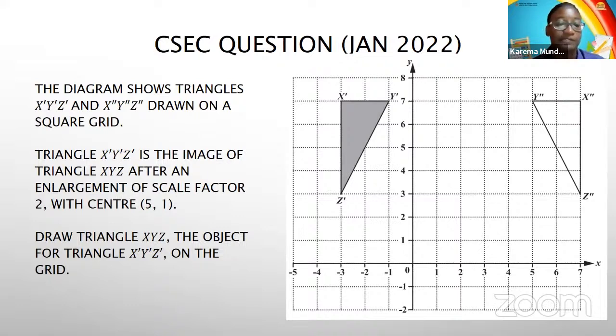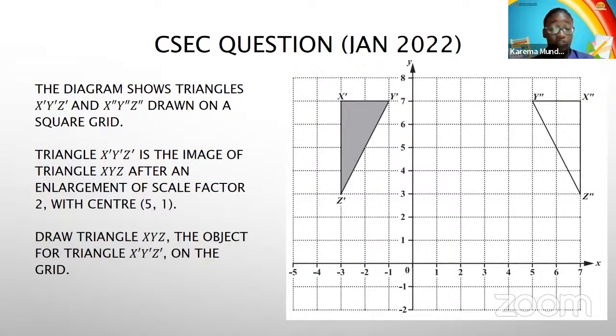Interesting question. Now we're being asked to draw triangle XYZ, which, as we know from the previous part of the question, is the object of triangle X prime, Y prime, Z prime. So we're to draw it on the grid.